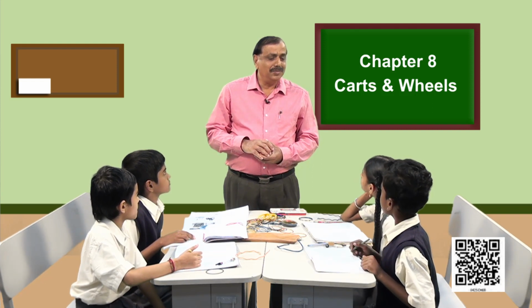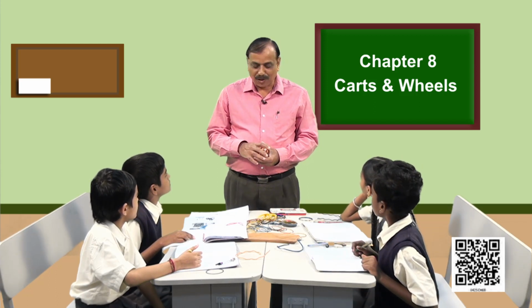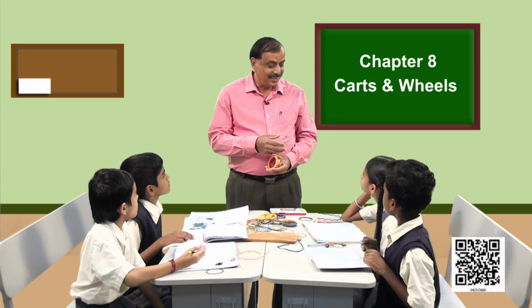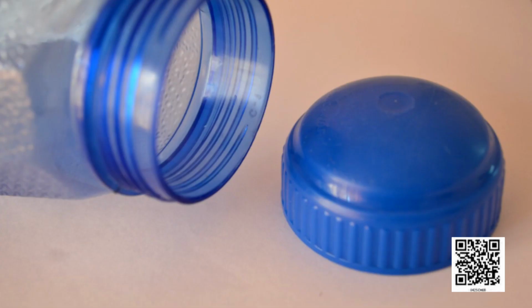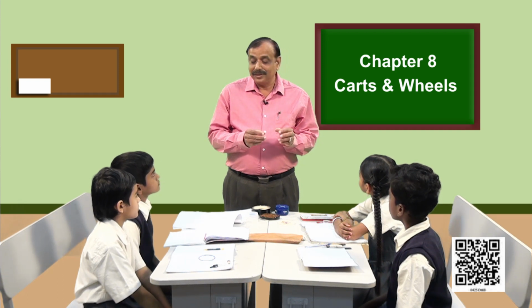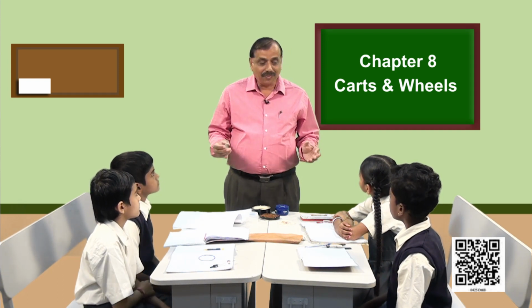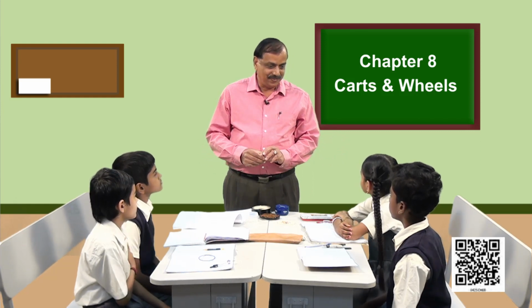Okay, can you give me the names of objects apart from the bangle? Water bottle. Can you use the entire water bottle? No, the water bottle's cap. Caps, correct. Coin. Okay, using a coin. Similarly, you might be seeing a number of objects in your home that are round in shape.